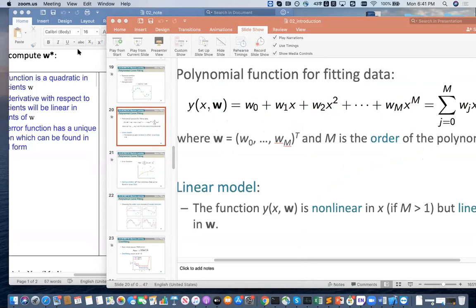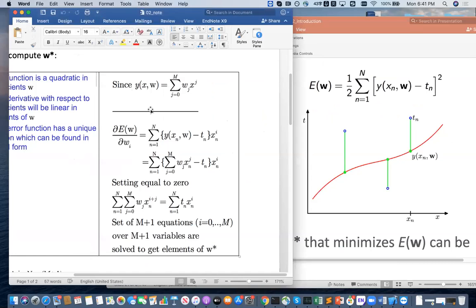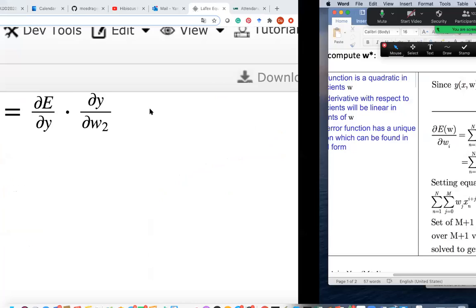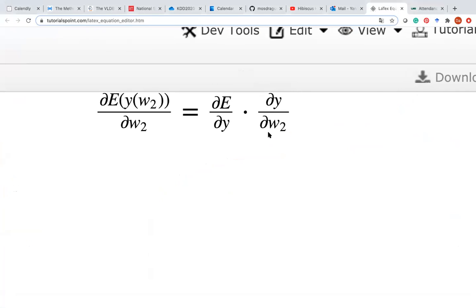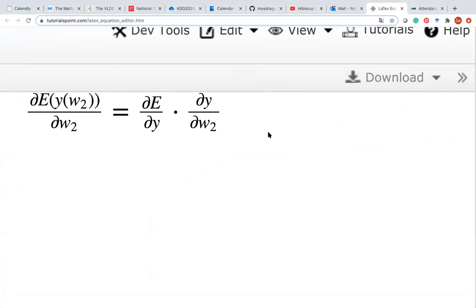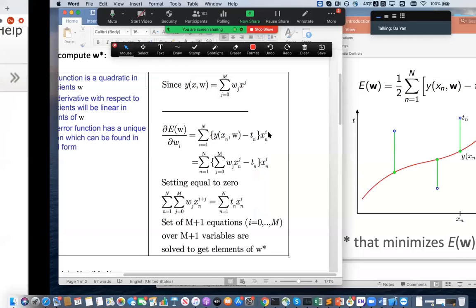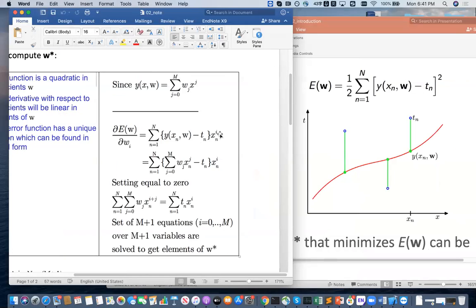So this gives you the second part of the chain rule. Because for wi, this term is x to the power i. Okay, so this becomes this. Any questions?